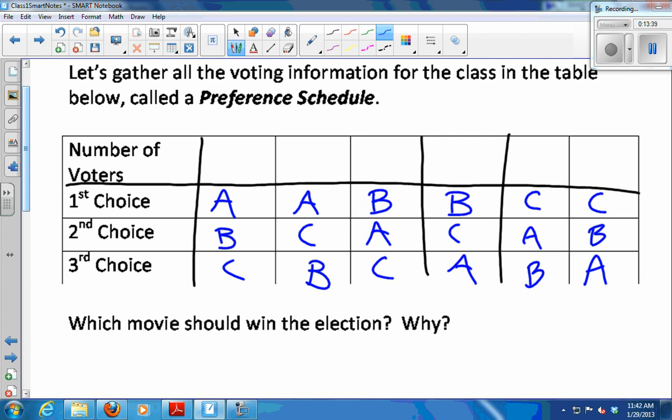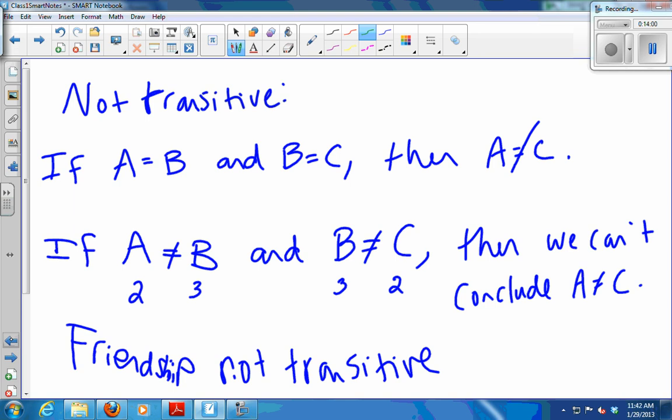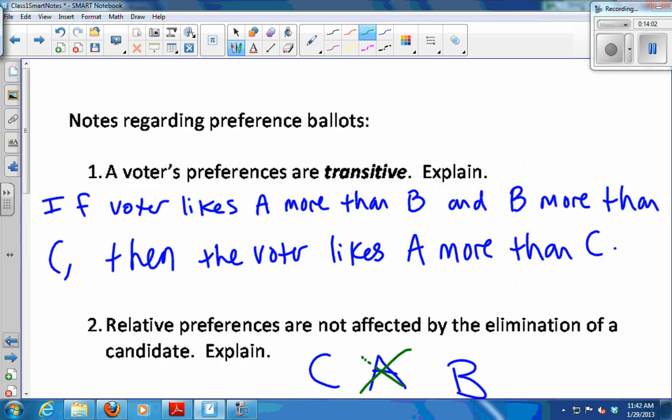So now I'm going to count up how many people voted each of these ways, and I'm going to put the number up top here. Raise your hand if you voted A, B, C. 1, 2, 3, 4. Okay, so up top here we put a 4. There are 4 ballots that look like A, B, C. Sorry, I just got to remind myself how I voted.